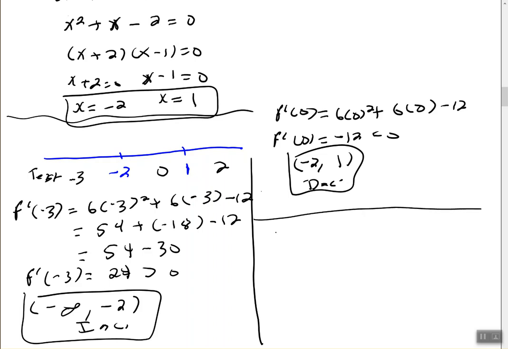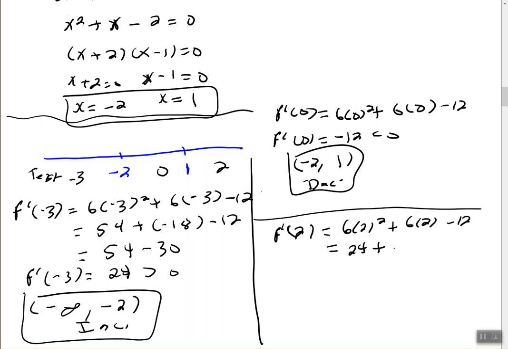And then let's see here. All right, so let's test 2. So 2 squared is 4. 4 times 6 is 24.